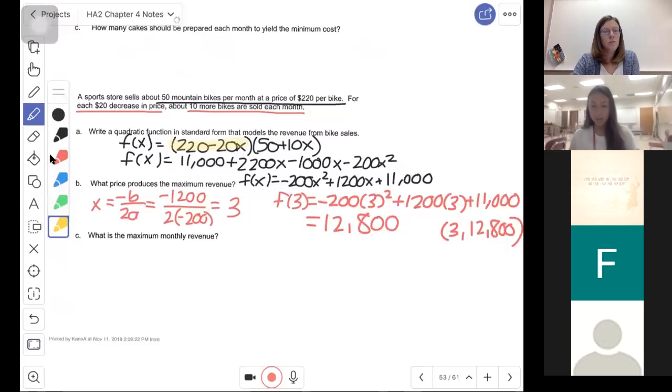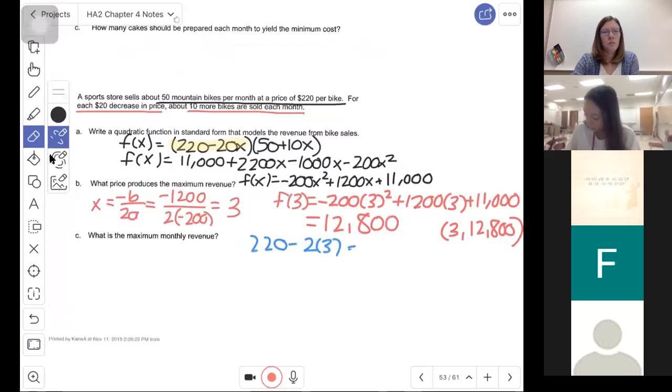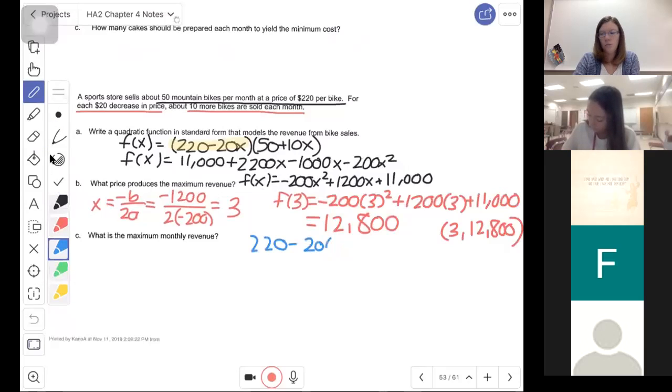So we're gonna take that x of 3 and plug it in there to find the price. So we have 220 minus 2 times 3. 20, not 2. My bad. And when you do that, you end up getting 160.